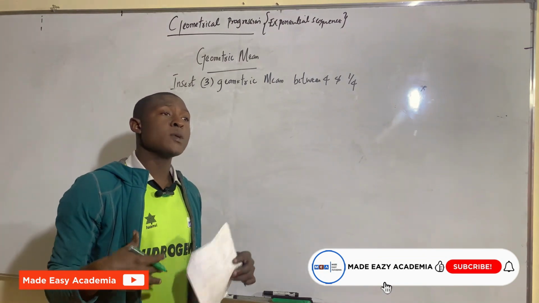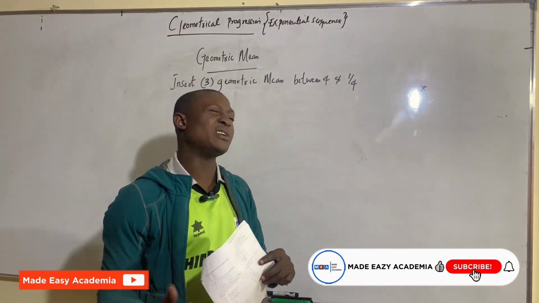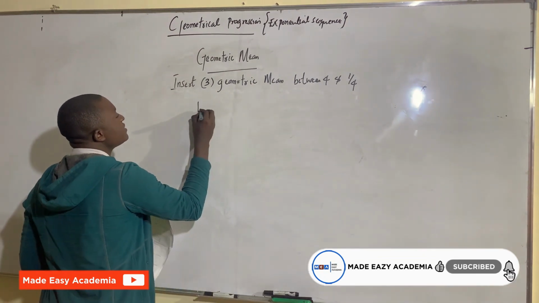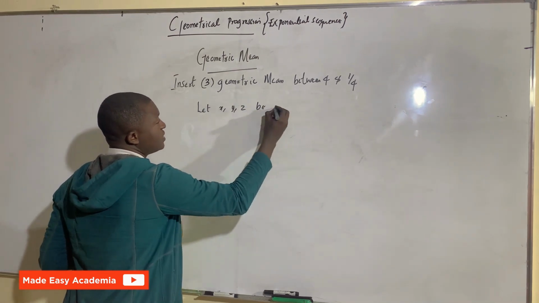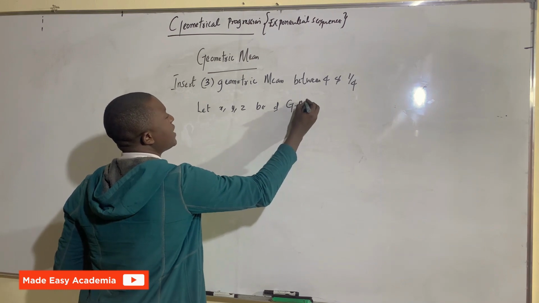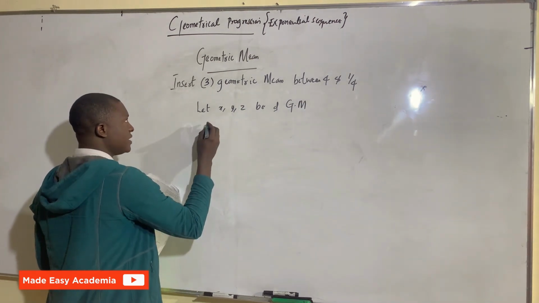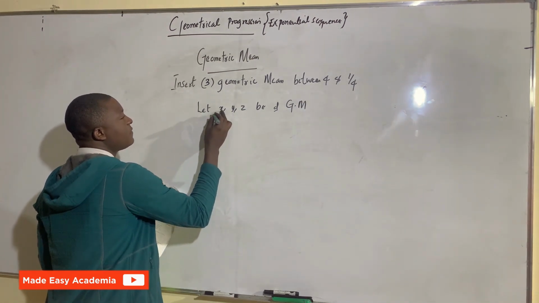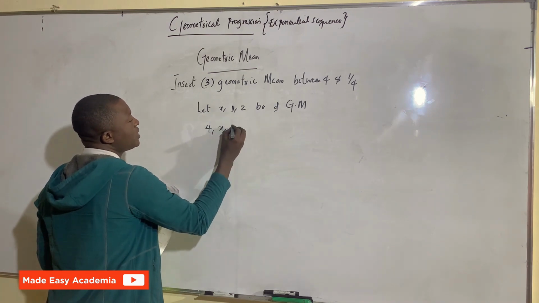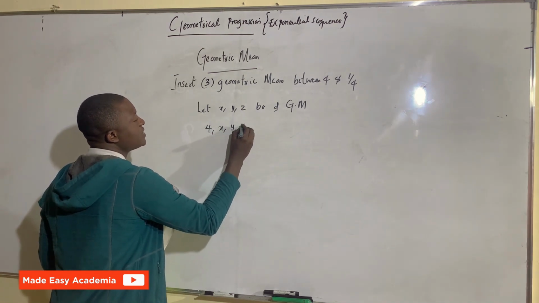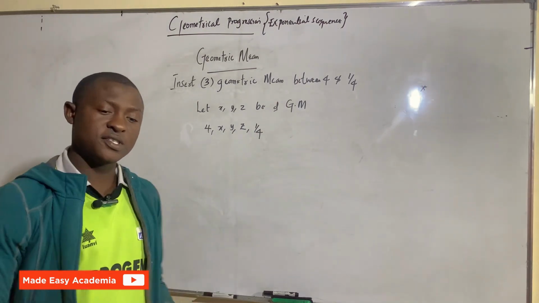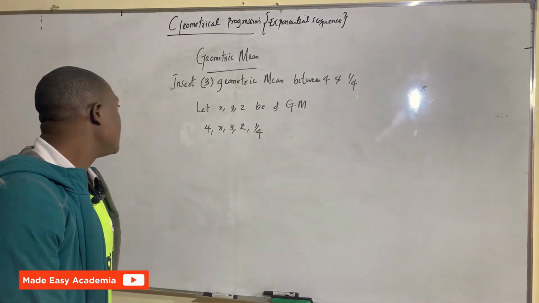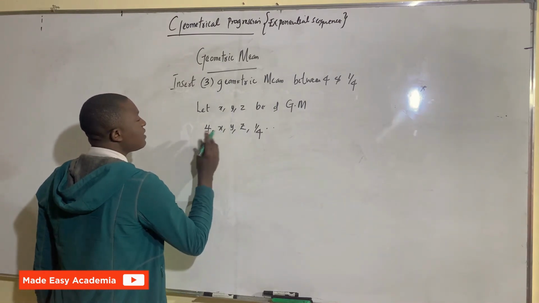You know, I told you we don't know the actual numbers they're talking about. I can just use any alphabet. I can say let x, y, and z be the 3 geometric means, right? So between these numbers, that is 4, the first one, x, the second one, y, the third, z. Then the last we have it to be 1/4. You see, it's a geometric progression.